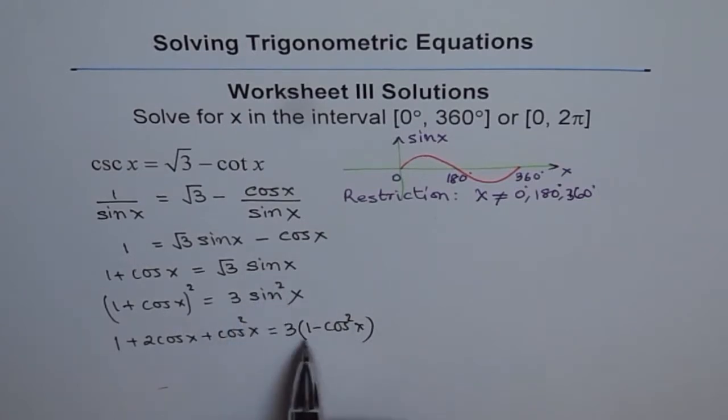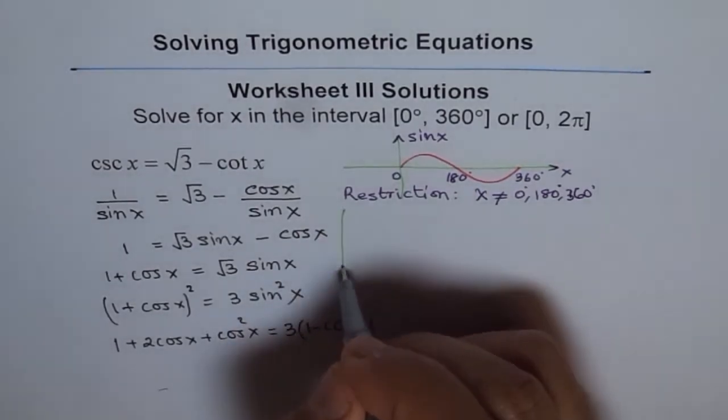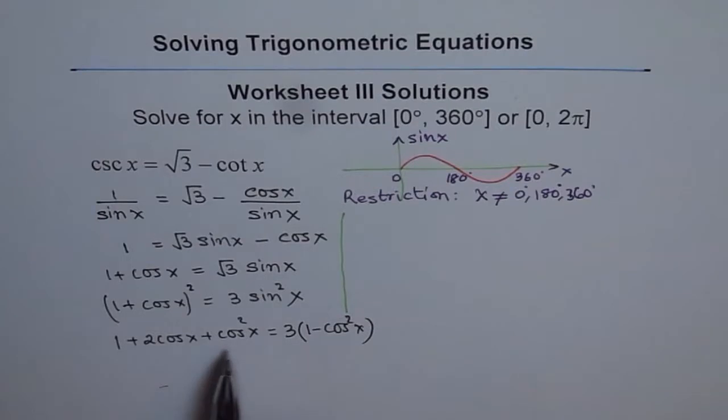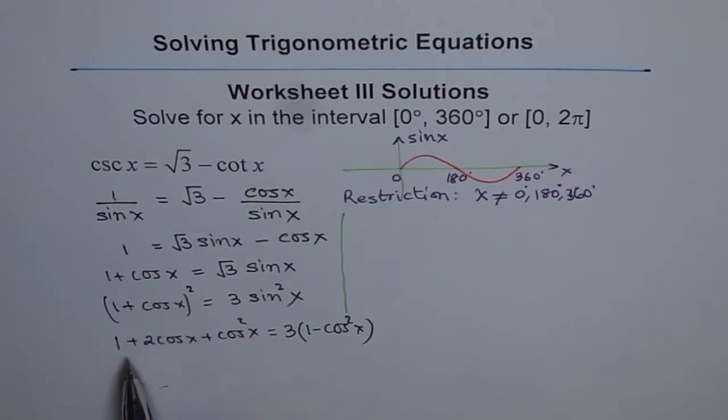Now sine square x is 1 minus cos square x, so we get that. So let me take it on this side and then solve further. So what you see here is all terms in terms of cos square x or cos x or constant. So it's a quadratic equation in cos x, correct? So let's bring the terms together and solve it.